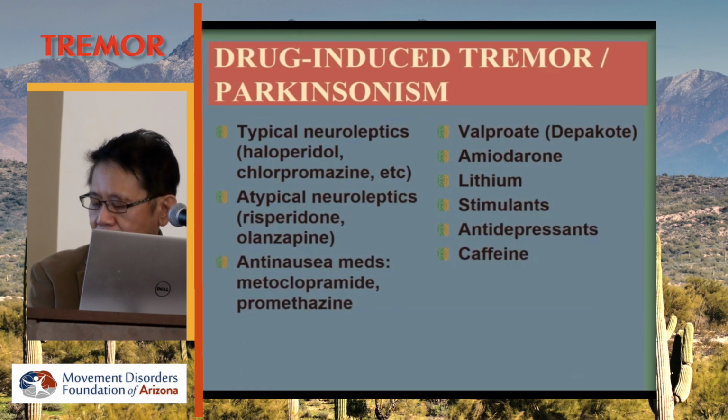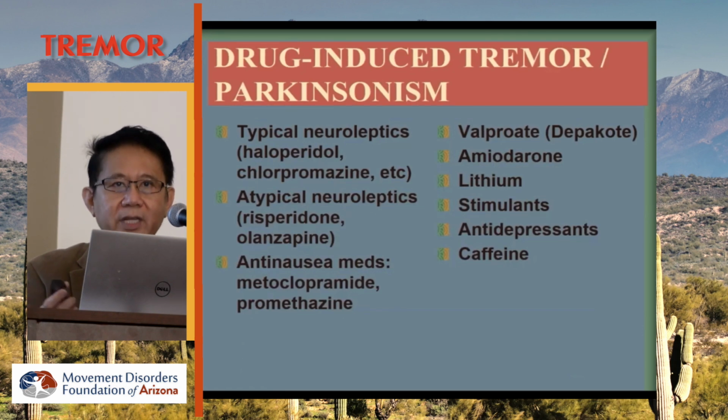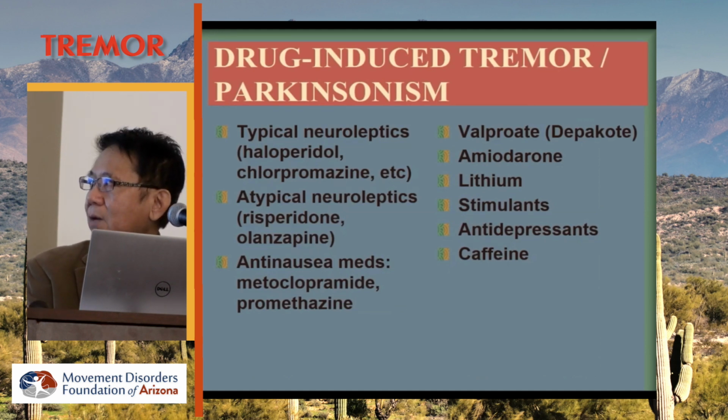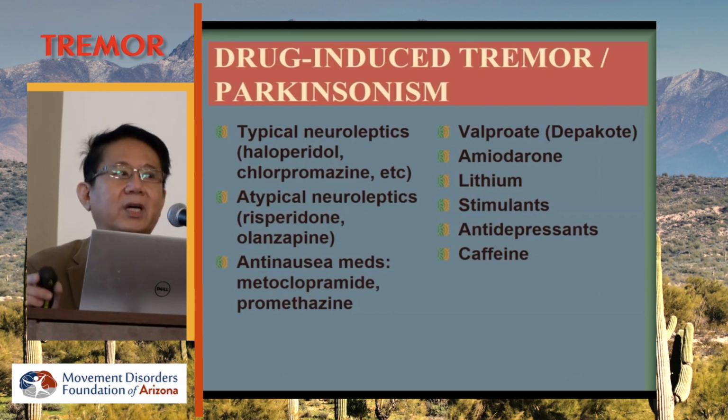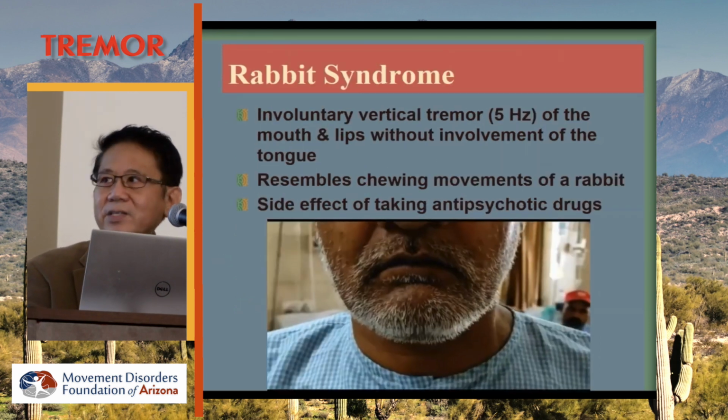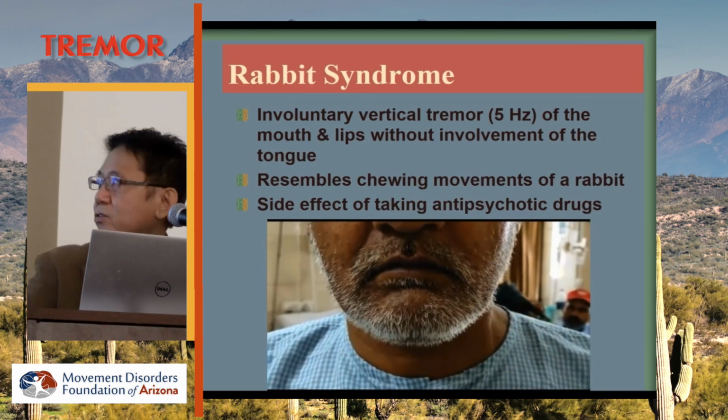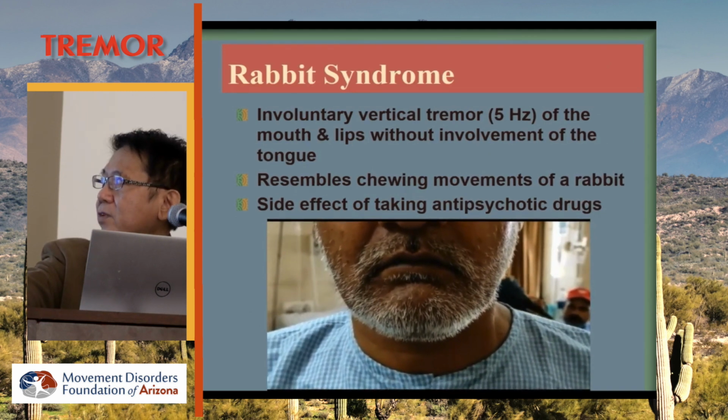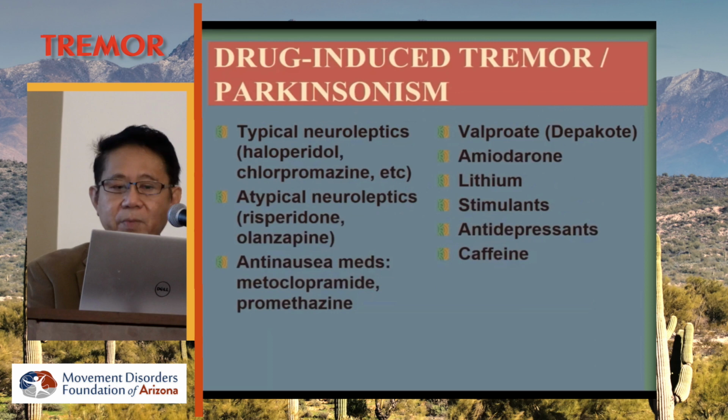One of the first things I look at, and I always look at this very carefully, is the list of drugs that the patients are on. Because before I go on a $1 billion workup trying to see whether you have Parkinson's or atypical Parkinsonism or essential tremor, I first want to see whether you're taking some medicine that may be causing tremors.